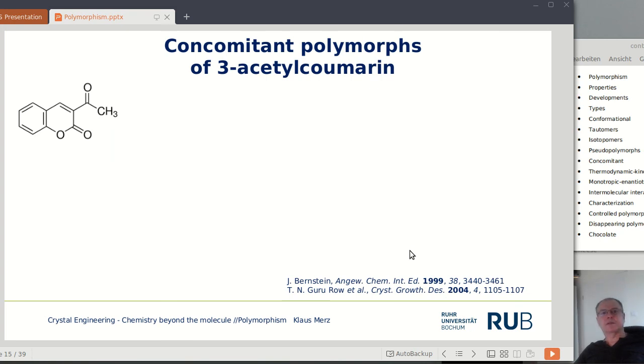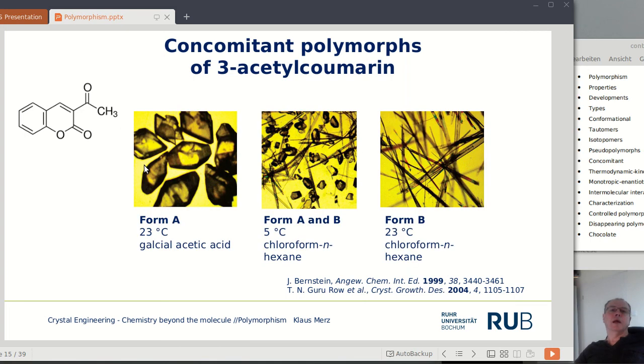Another example is this substituted coumarin, this is the compound here. You can really separate the forms by controlled crystallization, as you see here.